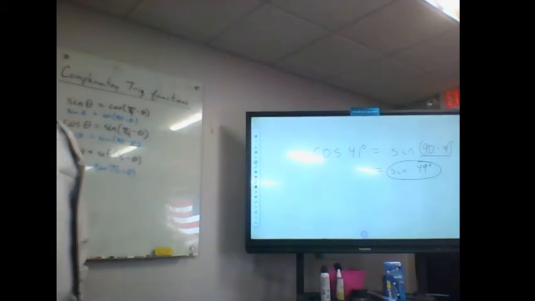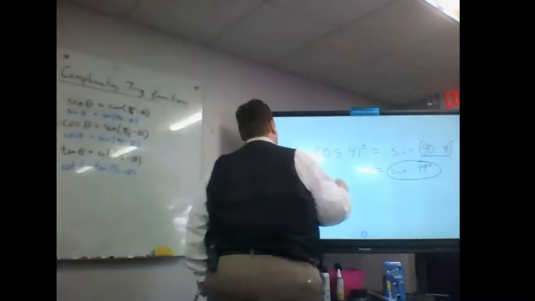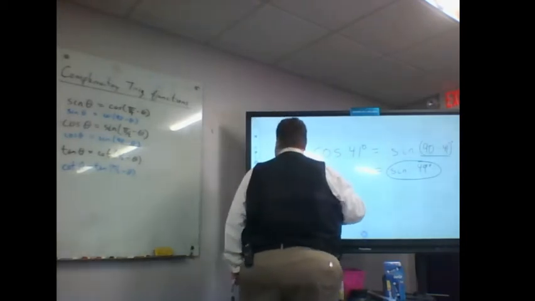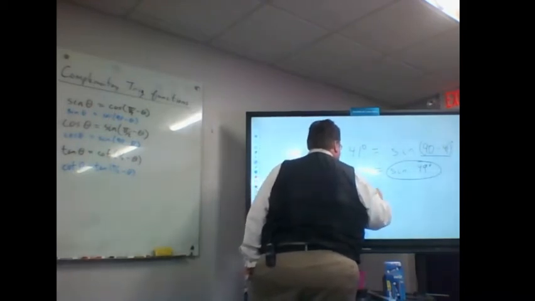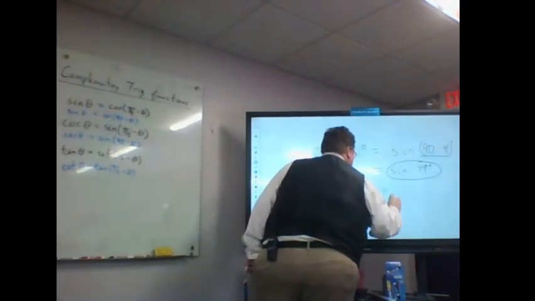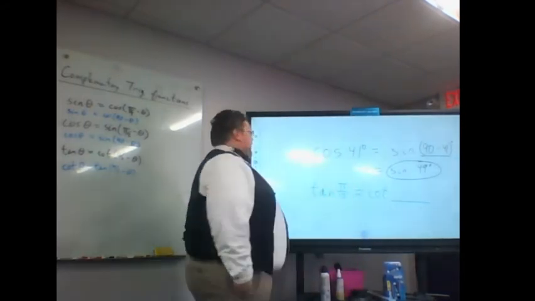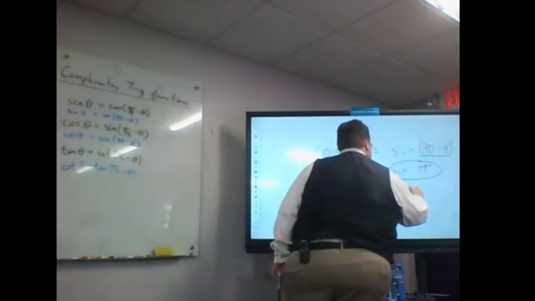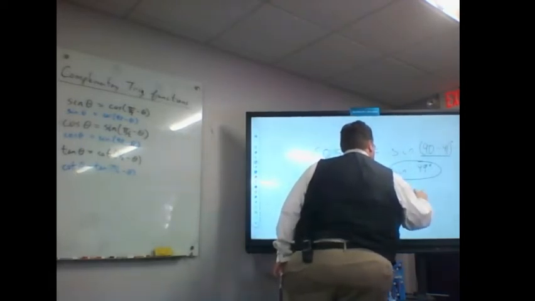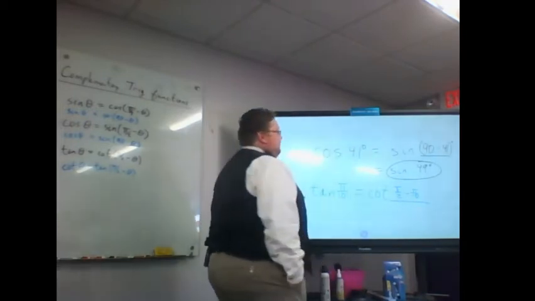Doesn't change anything. Example, if I came up here and said tangent of pi over 10 is equal to cotangent of something, well, that something would just be pi over 2 minus pi over 10, whatever that happens to be.